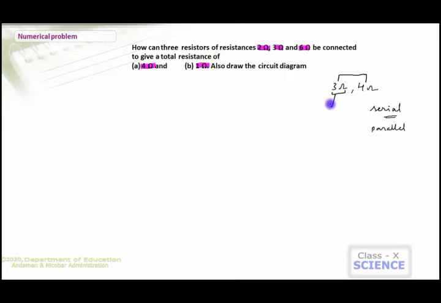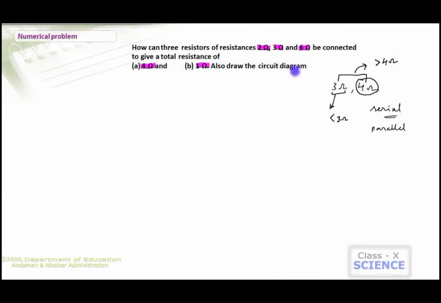So our total resistance would be less than 3 ohm. If we combine 3 ohm and 4 ohm serially, then the total resistance would be greater than the resistor with greater resistance. Here the total resistance would be greater than 4 ohm.